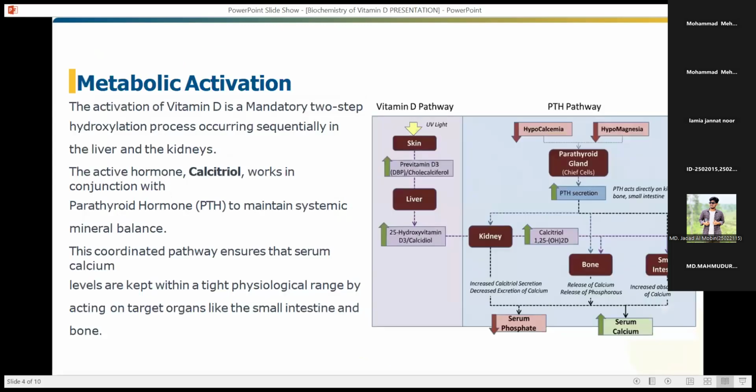Now the metabolic activation. The activation of vitamin D3 is mandatory in a two-step hydroxylation process occurring sequentially. First, UVB rays convert 7-dehydrocholesterol into cholecalciferol.